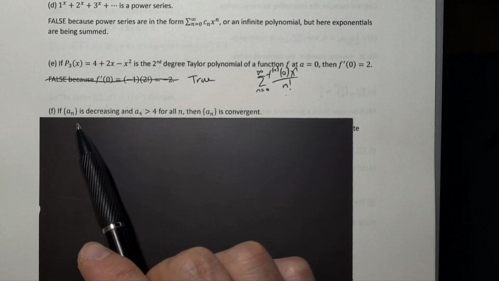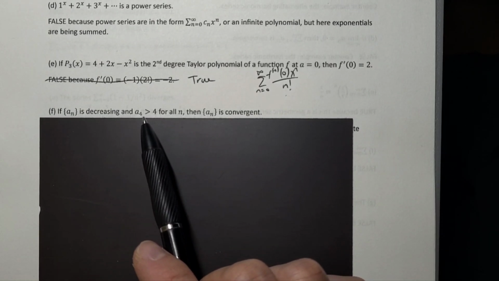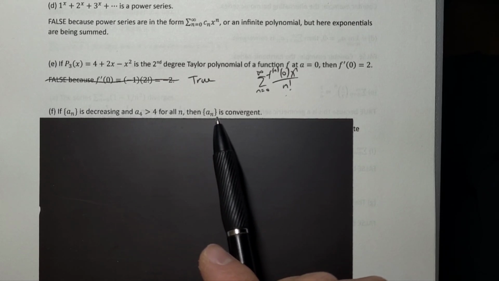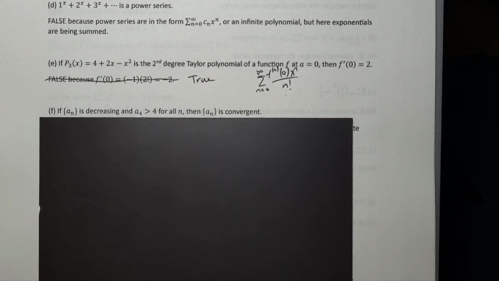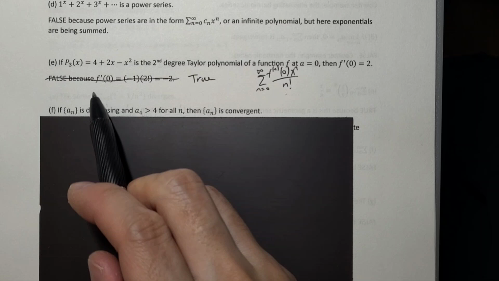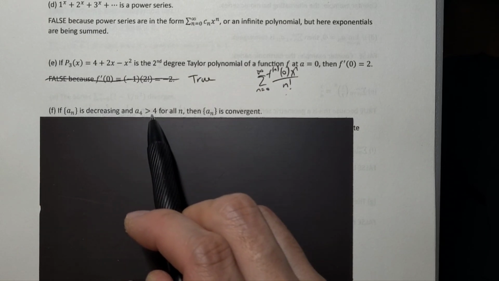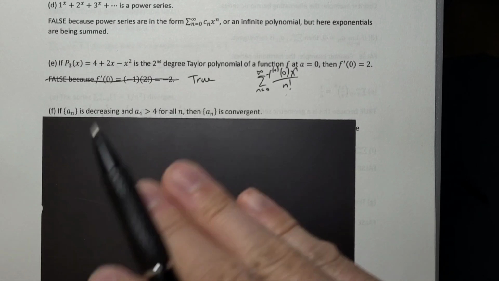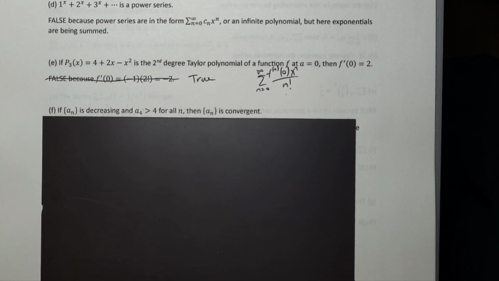If the sequence a sub n is decreasing and a sub n is greater than 4 for all n, then a sub n is convergent. Is this true or false? This is true. Why is that? This is decreasing and it's greater than 4, so you can imagine it's like a horizontal asymptote if it's a function.